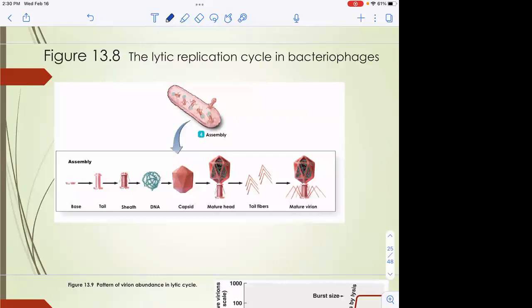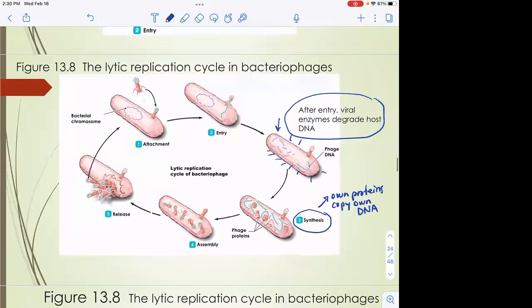And then once again, with a little bit of lysozyme to weaken the cell wall, we get the release phase, the lysis phase, where those virions are going to burst out of that host cell. Okay, and then they're ready to go and infect another cell.